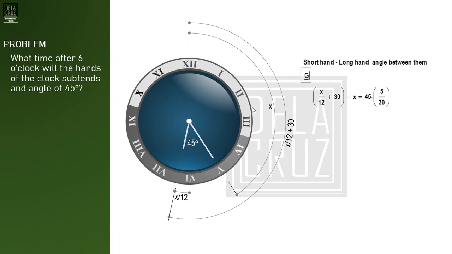Okay? So we have here our given equation. Then I will just assume the value of x. Let's say 1. Then I will just find the value of x. That is equal to 24.545. But yung tanong dito is what time after 6 o'clock. So that would be 6.